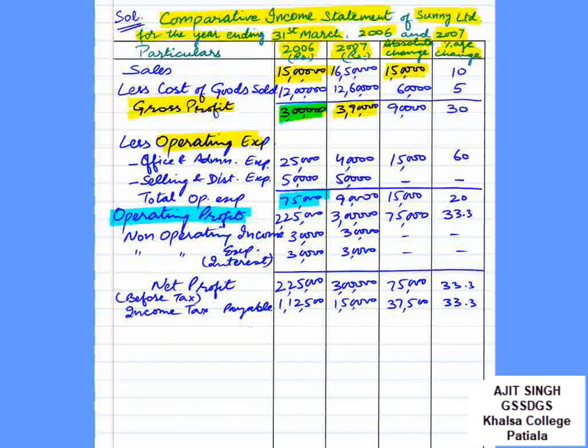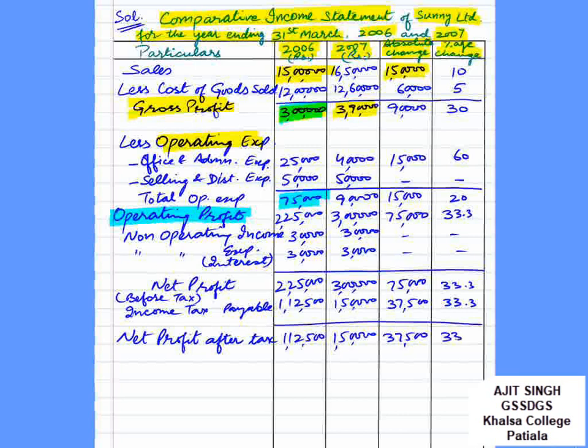Now we can calculate net profit after tax. It is 1,12,500 in the first year and 1,50,000 in the subsequent year, and increase is 37,500. Percentage change comes to be 33.3%.